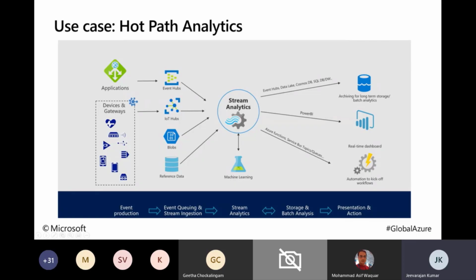For example, certain things can be handled automatically by the system itself. Certain issues can be resolved just by restarting the system or by sending a patch, something like that. The same thing can be done with automation that is kicked off from Stream Analytics based on the data issue being read by Stream Analytics.